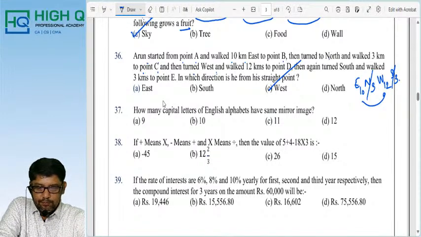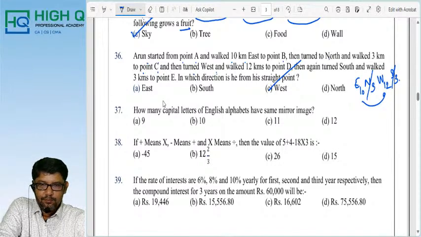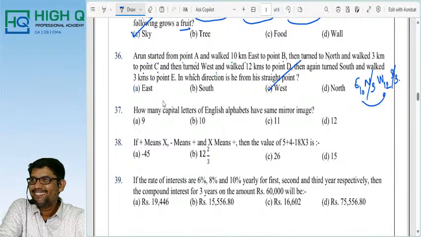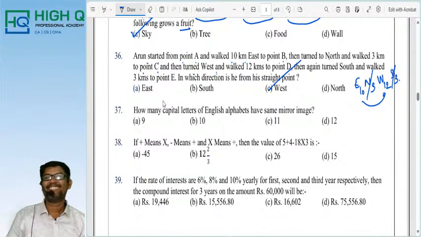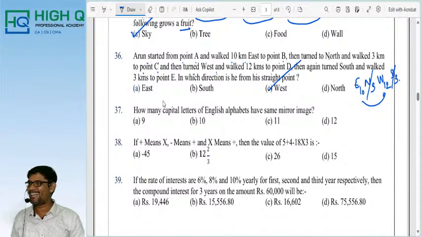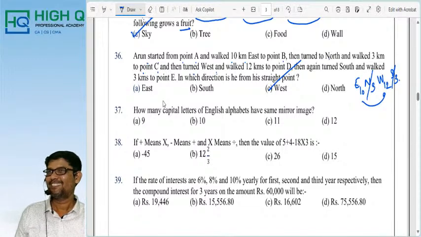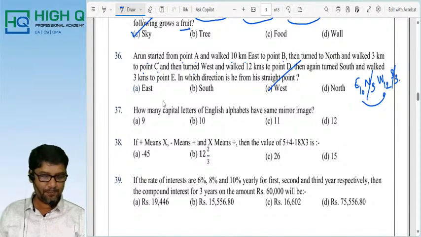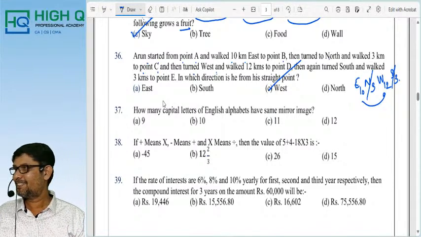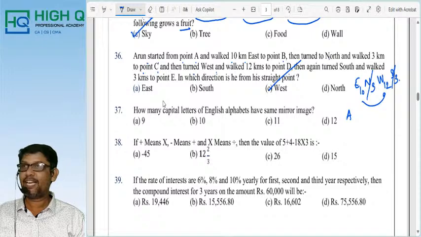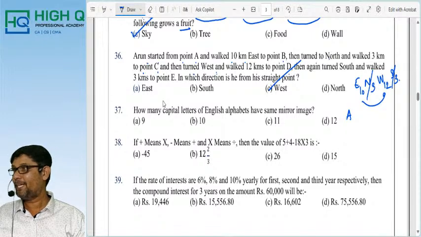Now, how many capital letters of the English alphabet have the same mirror image? 11. 12. See, first of all, you understood the question. A will come, B not possible.